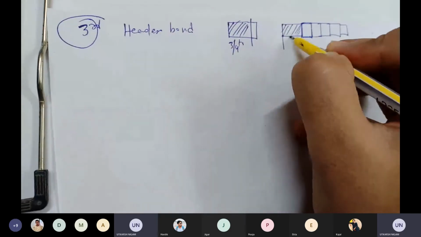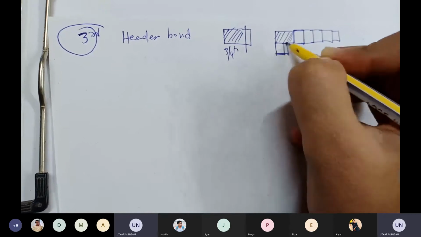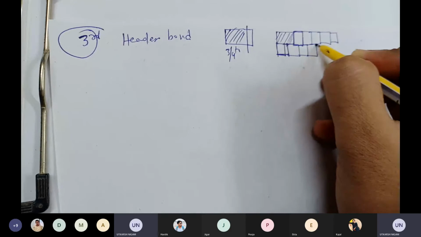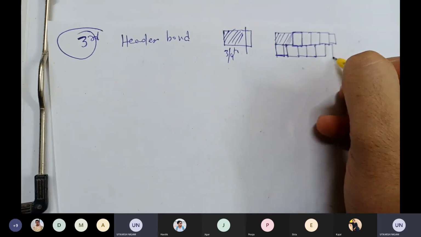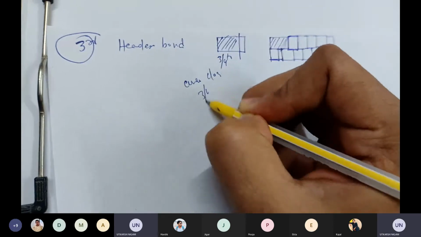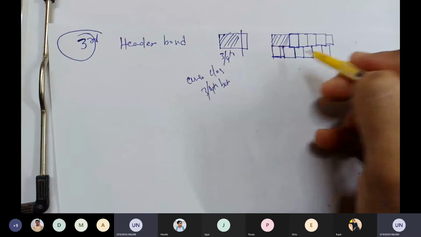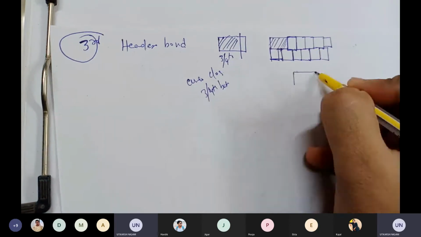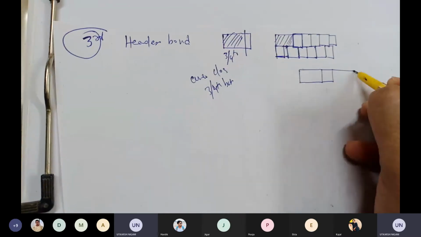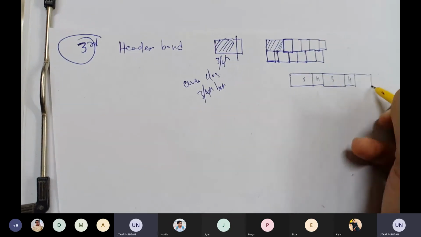Then at the bottom, this 50% is there up to here, then here 50%, then here 50%. Why are we putting this queen closer or 3/4 bat? Because, for example, here is one stretcher course, then header, then stretcher course.